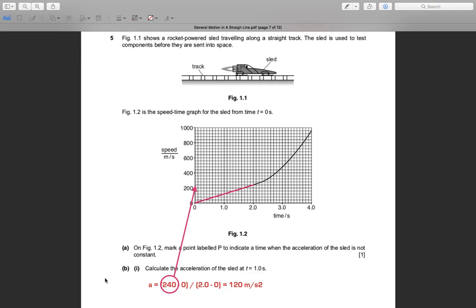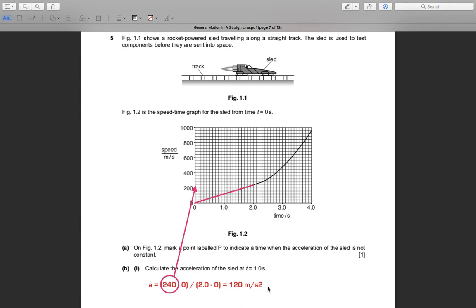Question B I, calculate the acceleration of the sled at the point t equals 1.0 second. Yes, on the 1 second. So here is 240 minus 0 divided by 2, because we use this triangle to find the acceleration of this sled.